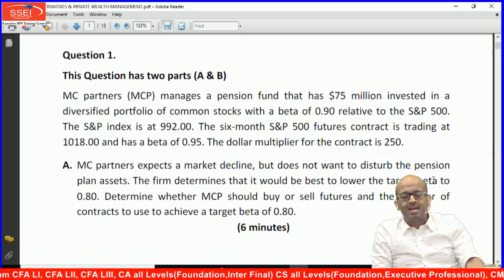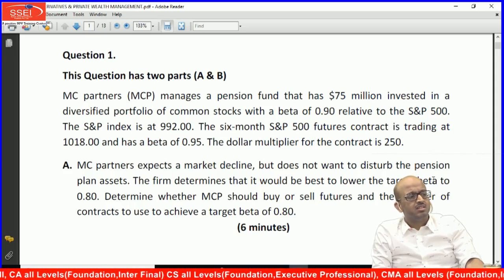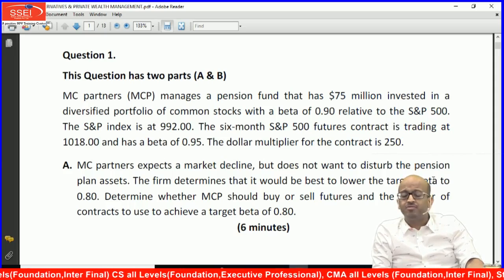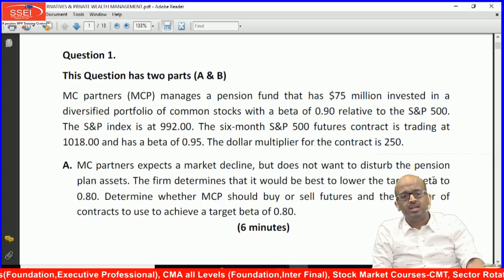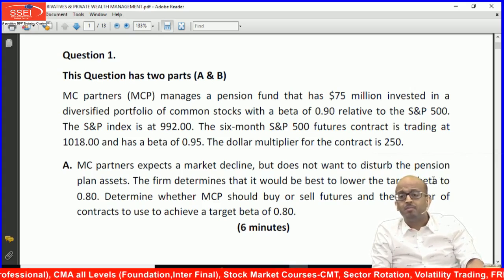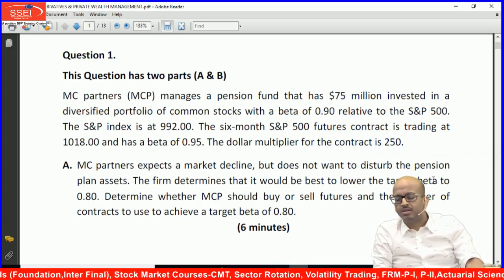The dollar multiplier for the contract is 250. If you trade in S&P futures, your profit and loss shall be 250 times the change in price.